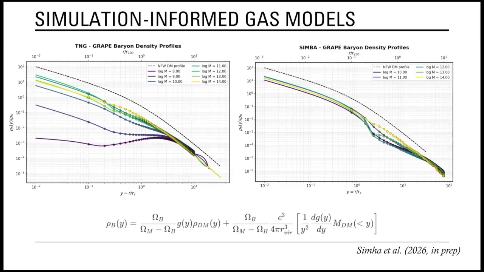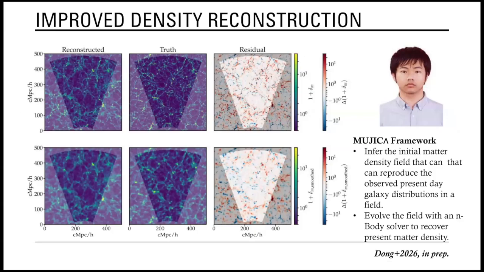The other side of FLIMFLAM is to develop this IGM reconstruction framework. This is work being led by Chenza Dong, who's a PhD student with KG Lee. He has this very neat algorithm called Mujica, which is a framework to generate constrained density profile realizations.